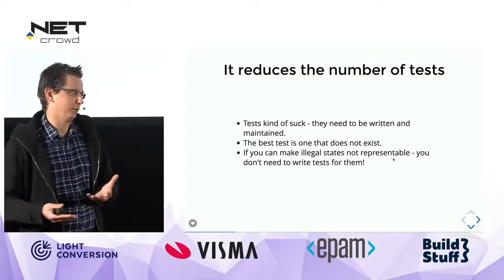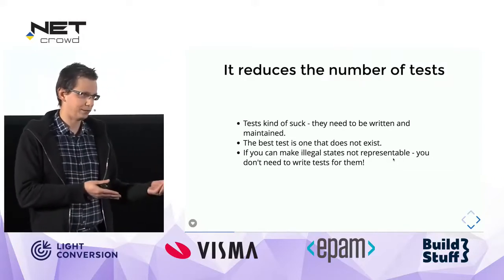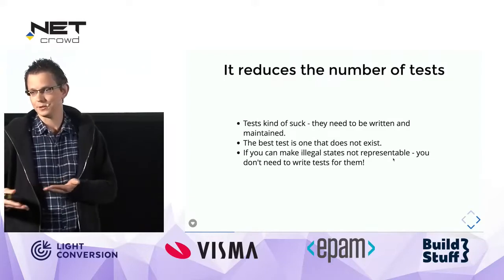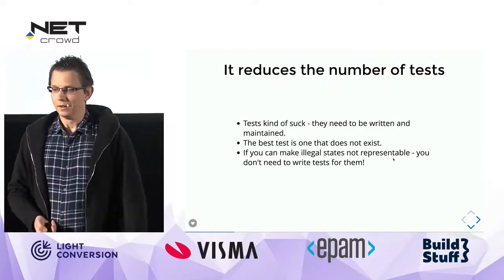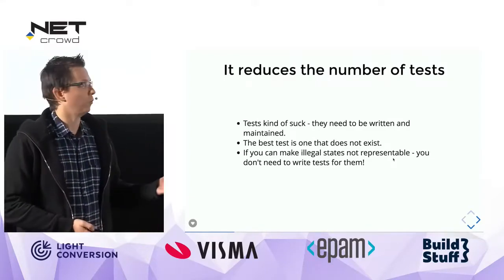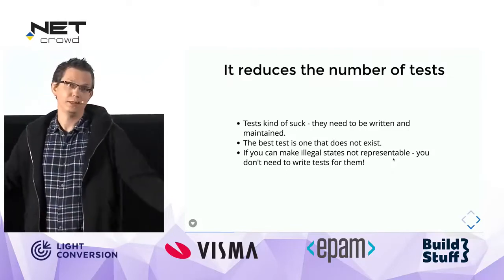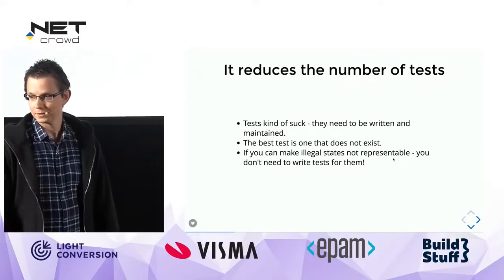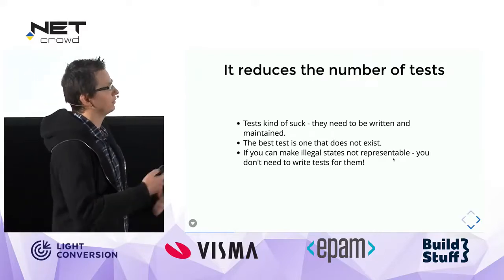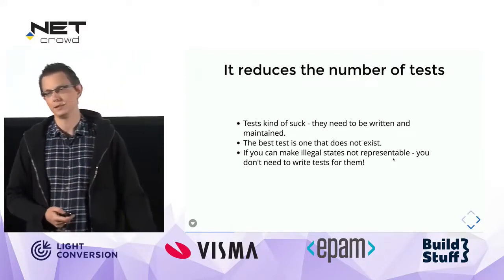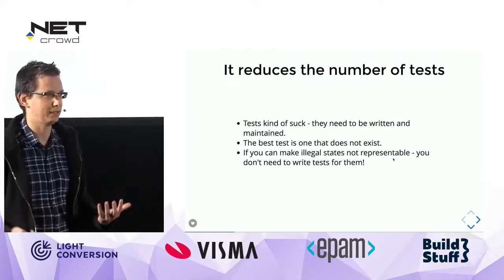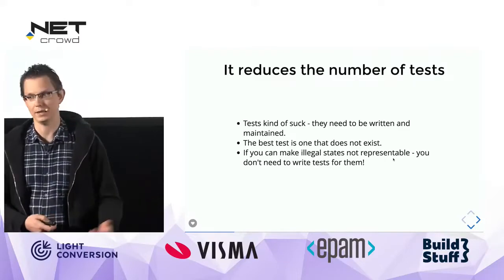If the functionality changes, then you also need to change the test. The best test is a test that does not exist, because then you don't need to write it, you don't need to maintain it, everything's great. So the idea is that you can use the type system to make illegal states irrepresentable, therefore eliminating the need for tests that test whether those states have happened.